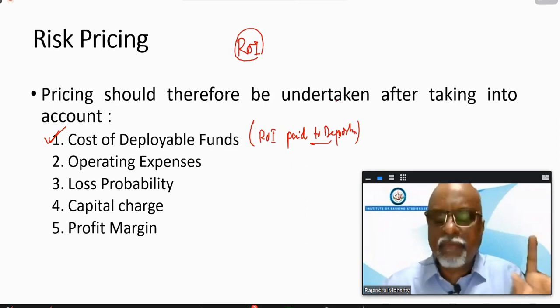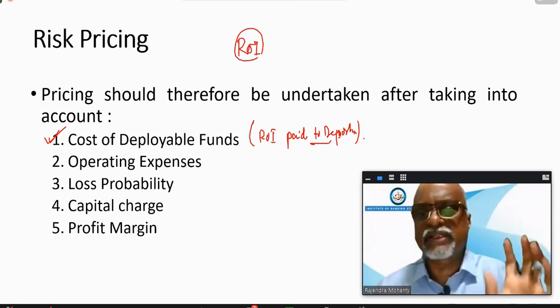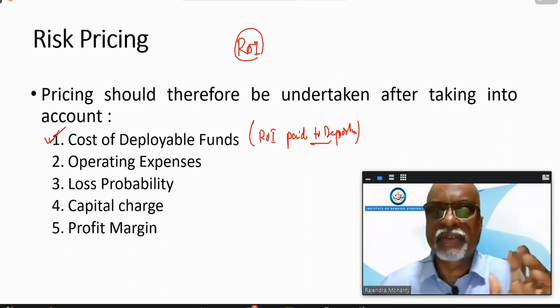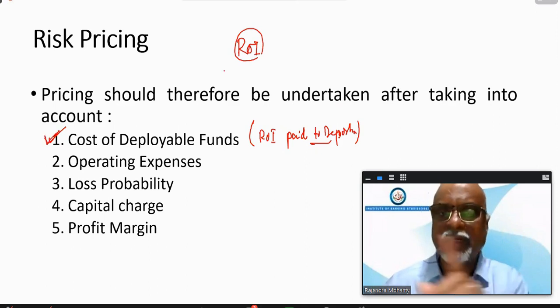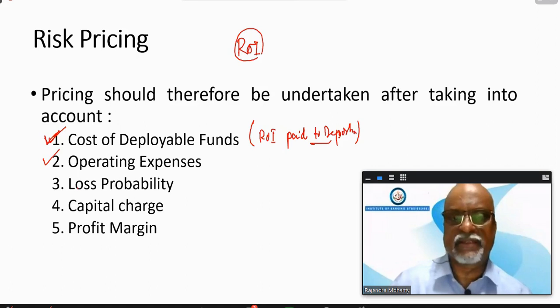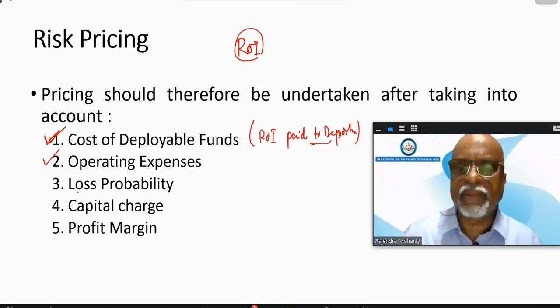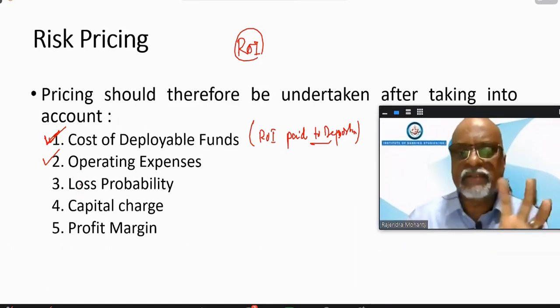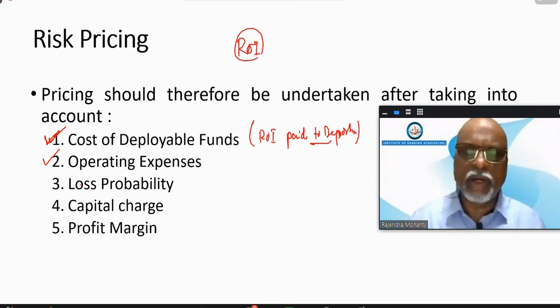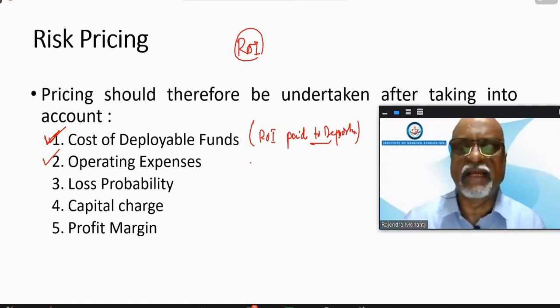You are getting funds from depositors, so what is the amount you have paid as interest? Say this much interest we have paid to the depositors for a year. That you have to recover from the interest you are charging.